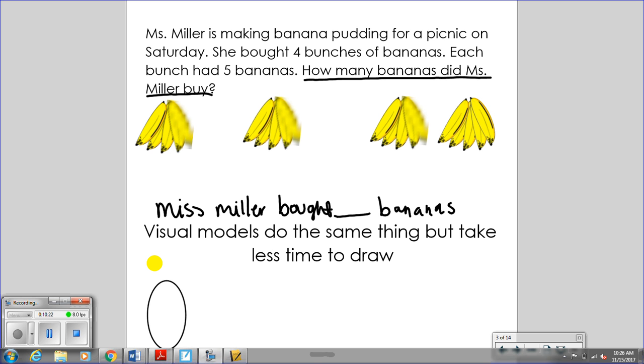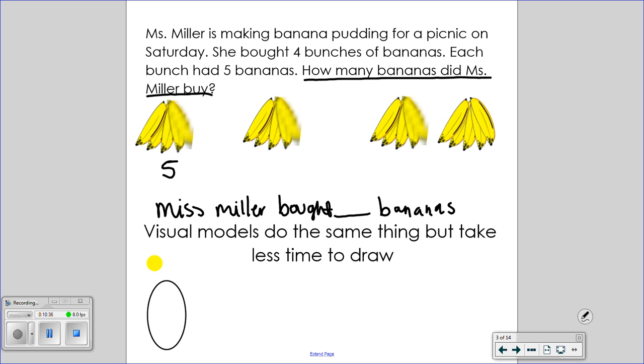I need some math. Dylan, what do you think I'm going to do? Count the bananas by 5. Okay, so I can use skip counting. So I have 1, 2, 3, 4, 5 bananas in this bunch, plus, how many in this one? 5, plus 5.